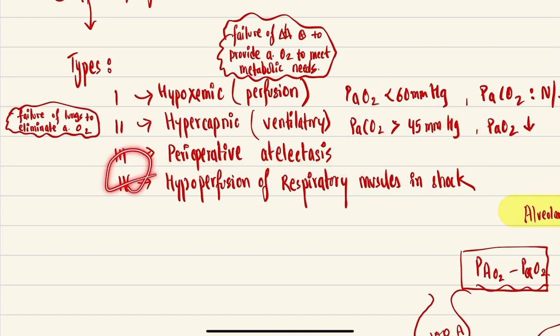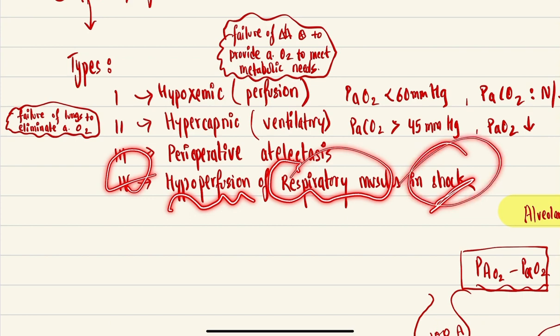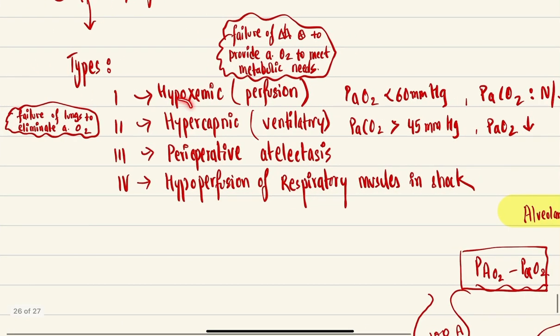And type 4 is hypoperfusion of the respiratory muscles in any kind of shock. Type 2 is defined as failure of lungs to eliminate adequate carbon dioxide.